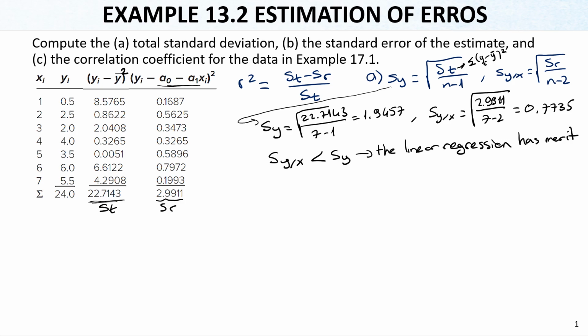Okay, now for B, we are using the standard error of estimate. Actually, we already calculated it. Standard error of estimate is this summation and this one. You can see that the standard error of estimate is also reducing from 22 to 2, which means we have a good improvement here as well.